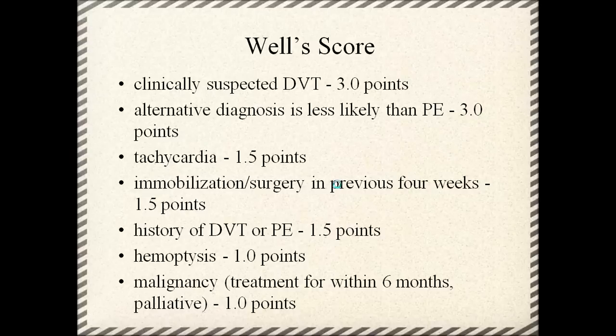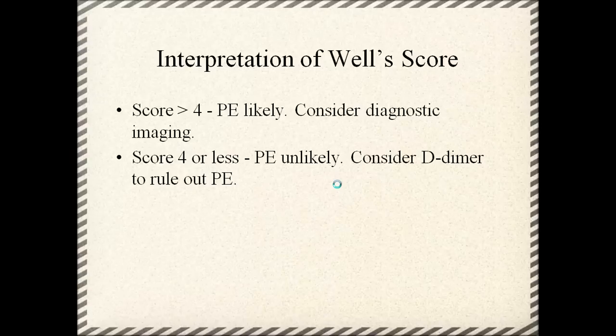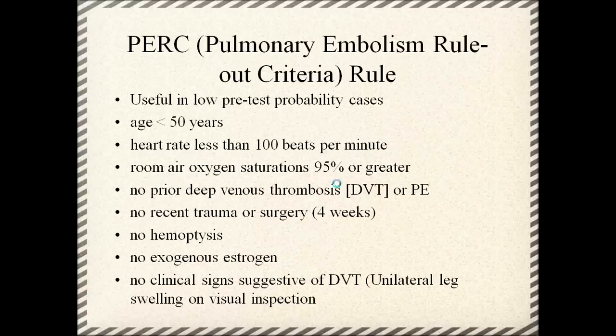So score greater than 4 on the Wells score, you should consider a diagnostic test. A score of 4 or less is when you can sort of use the D-dimer. Another test is the PERC rule, which you should be familiar with. Basically if any of these tests are positive, then you cannot use the D-dimer to rule out PE.